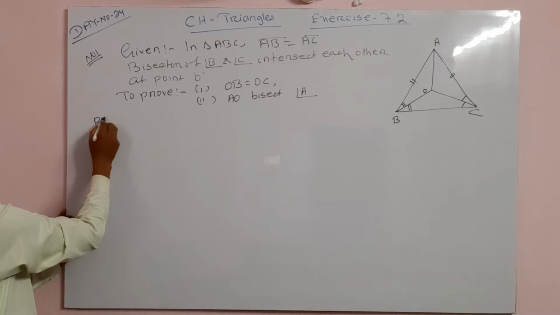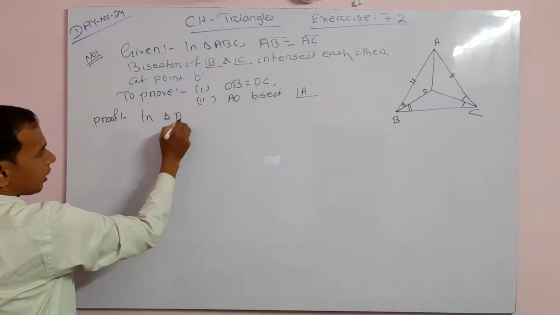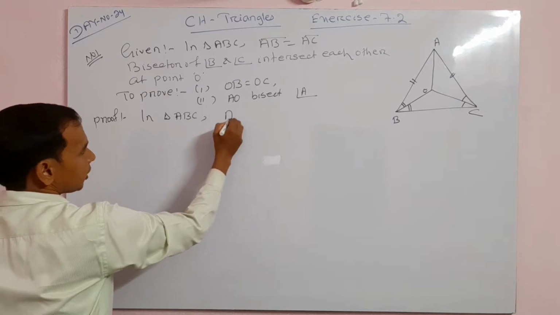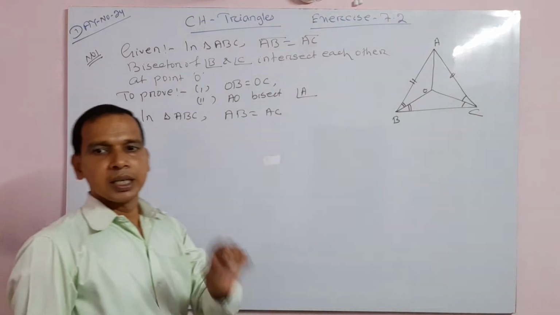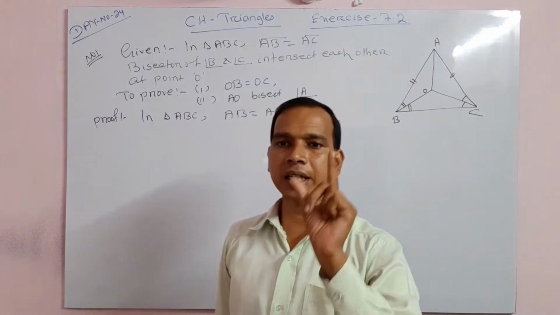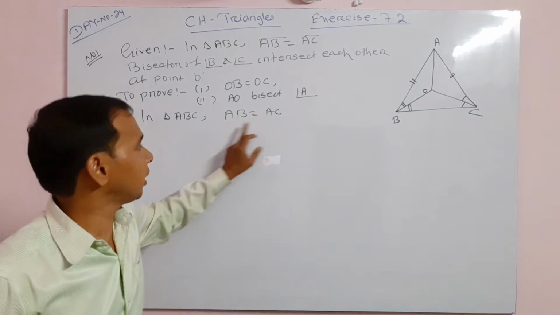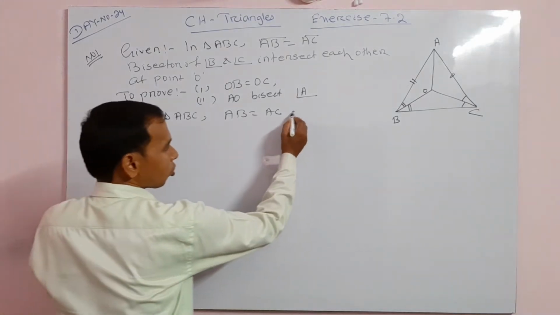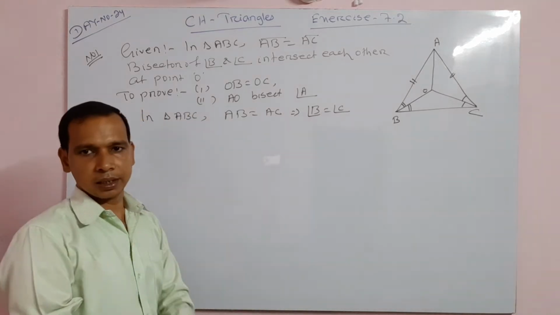Then come to proof. In triangle ABC, AB equal to AC because given. In an isosceles triangle, equal sides' opposite angles are equal. As AB equal to AC, so B angle is equal with C angle.